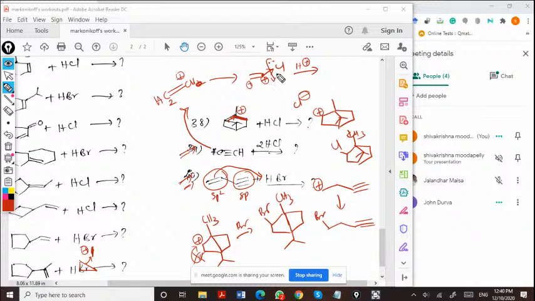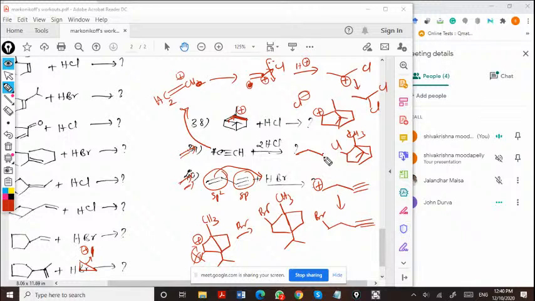యాక్చువల్గా ఇండక్టివ్ ఎఫెక్ట్ చూసుకుంటే ఇలా ఉంటుంది. సో మీజోమరిక్ ఎఫెక్ట్తోని ఇది మోస్ట్ స్టేబుల్. So one more double bond is going to eliminate. So Cl next. Okay. So now one more Cl will attack. So the product will be 1,1 dichloroethane.